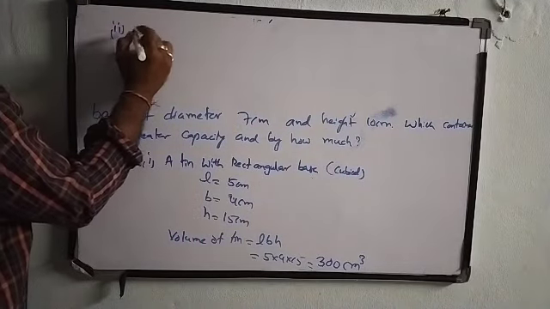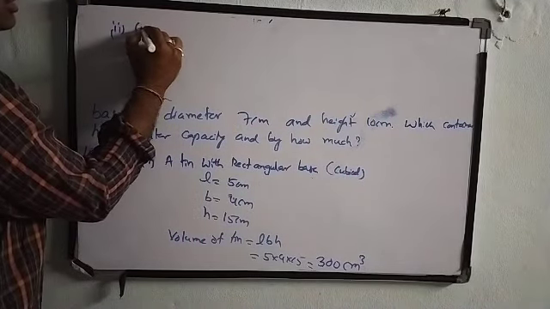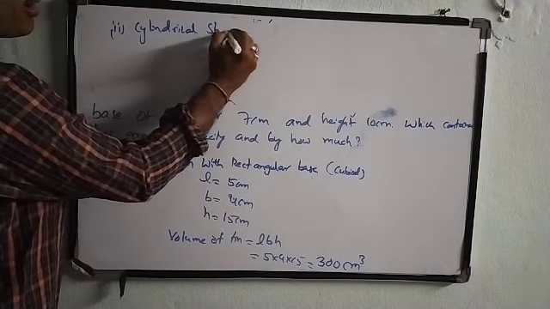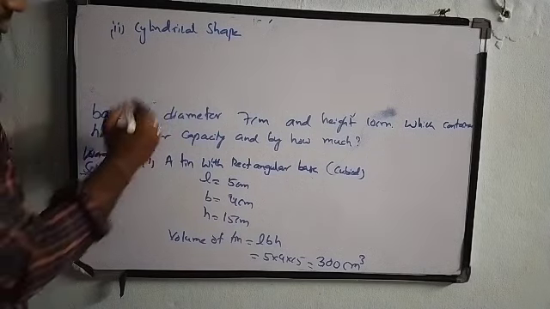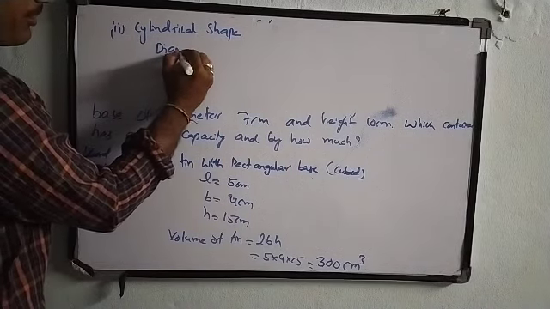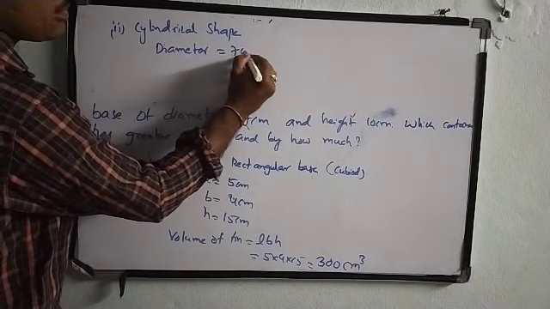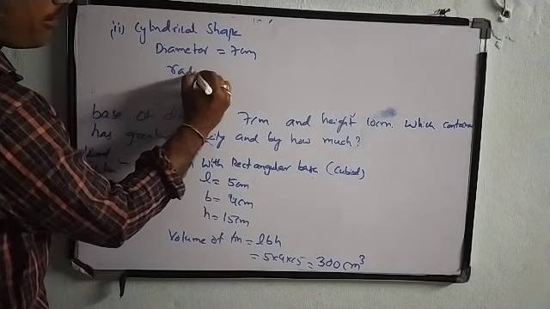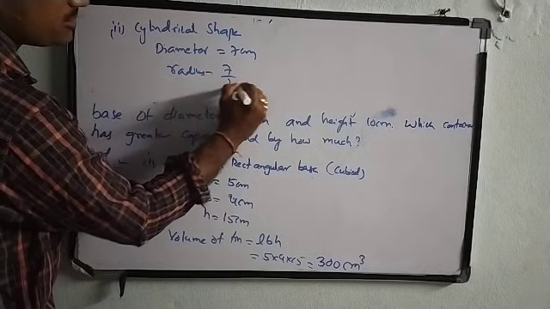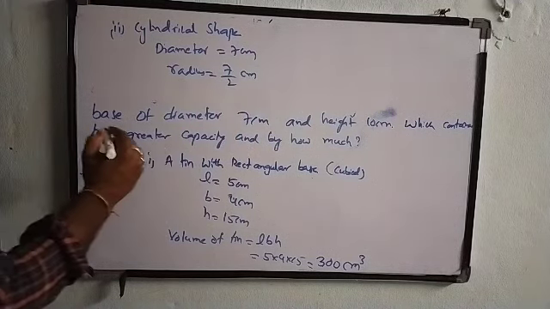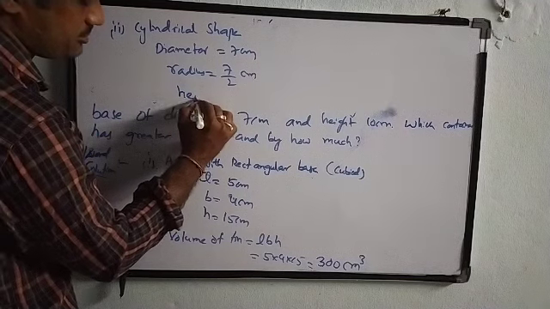So in second case, it is cylindrical in shape. So diameter is given 7 cm. So radius will be 7 by 2. And height will be 10 cm.